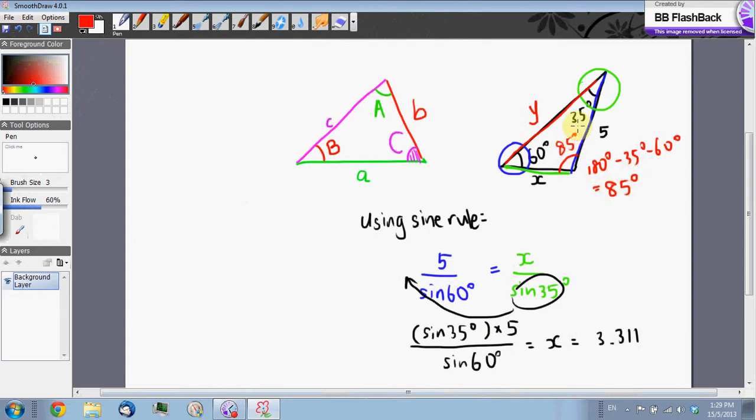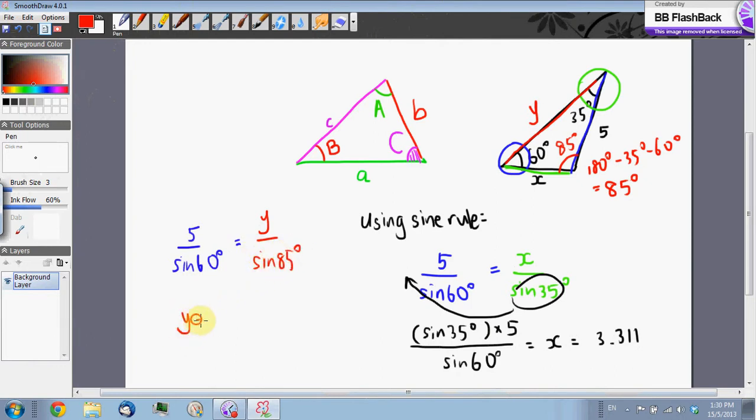And to find y, just use the sine rule again. So for example, you can do 5, remember 5 here, divided by sine 60 here is equals to y divided by this, sine 85 degrees.